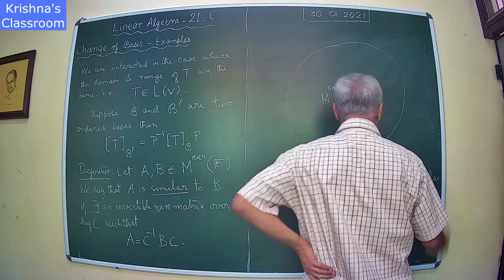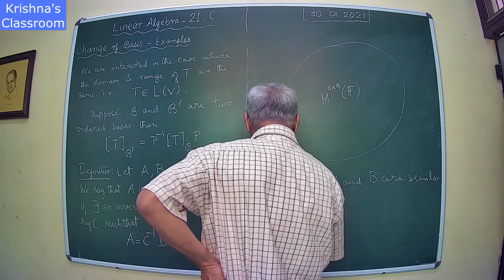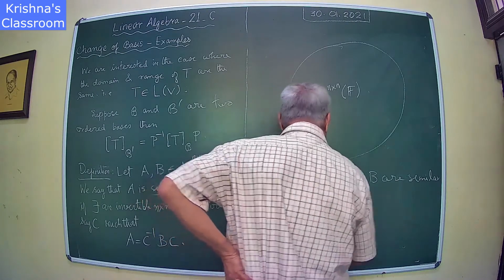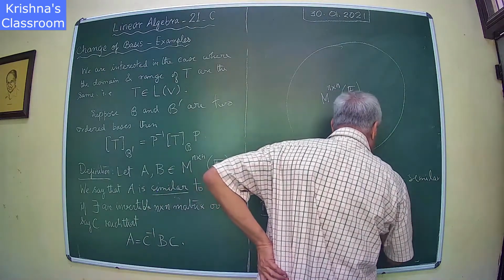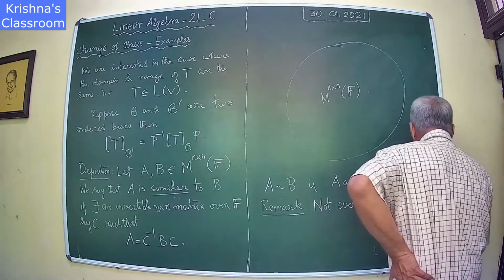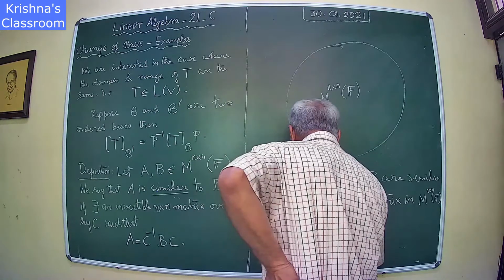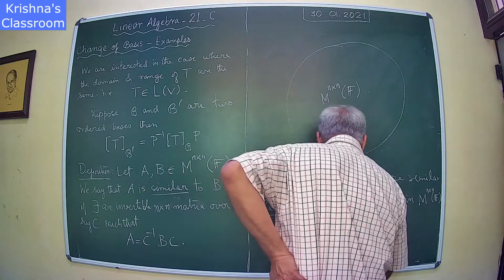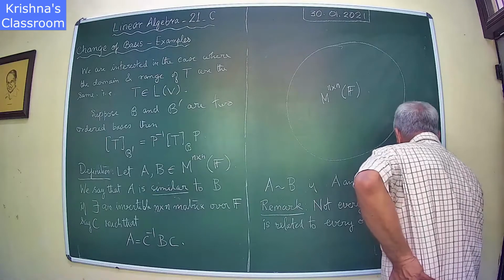Then we observe, as a remark, that not every matrix is related to every other matrix in M n by n.